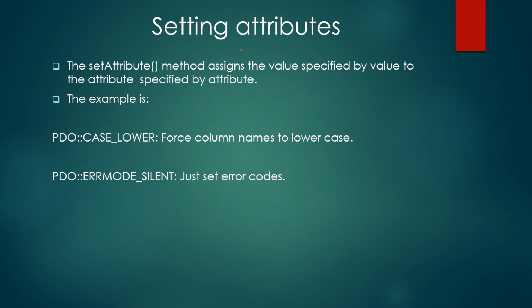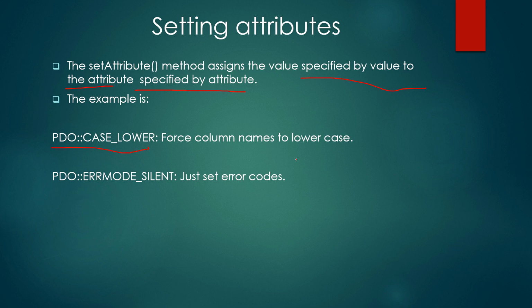Next, we have setting attributes. The setAttribute method assigns the value. The getAttribute method retrieves, and this assigns the value specified by value to the specified attribute. The example is, this is one of the attributes. What it does is it forces column names to lowercase.